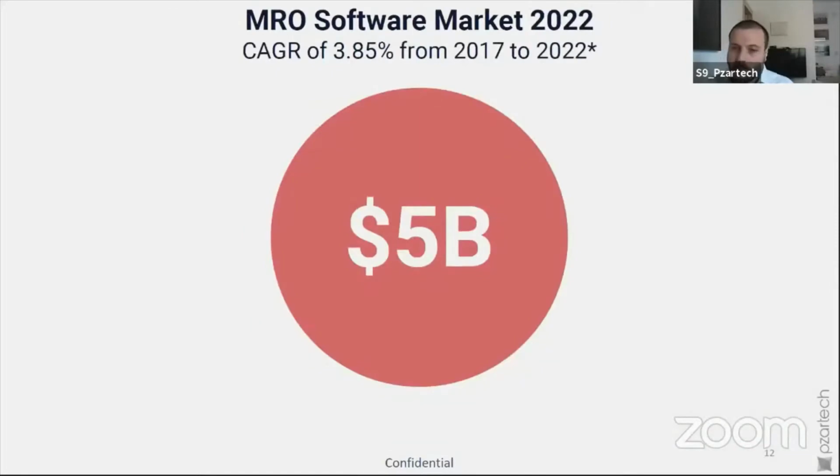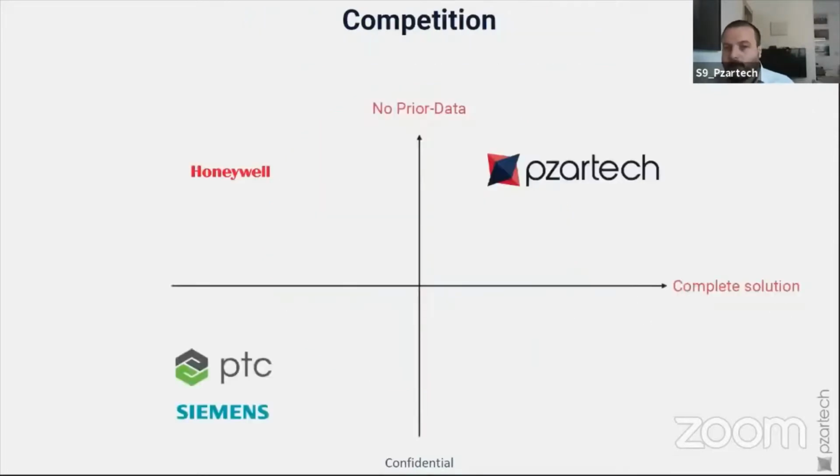The market that we are focused on currently is the market of software for MRO, for maintenance, basically in aviation, which is our original market and which is about $5 billion. We are the only solution that does not require prior data from the manufacturer and that covers both the issue of the serial and the part number.